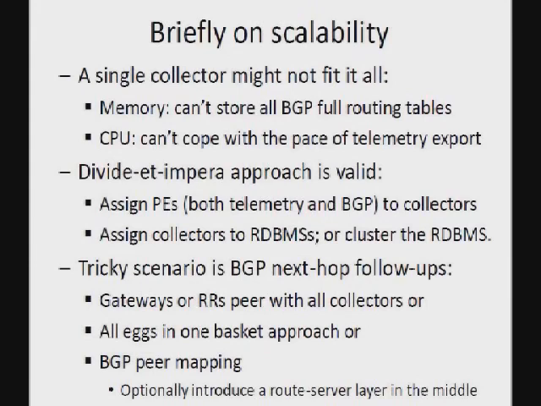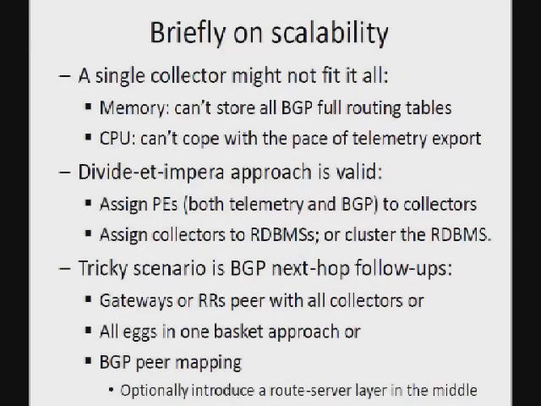So a divide et impera approach is very valid. You can assign PEs, still coupling telemetry and BGP, never decoupling them. So you can assign PEs to collectors, and in turn assign collectors to databases, or you can cluster the database itself.